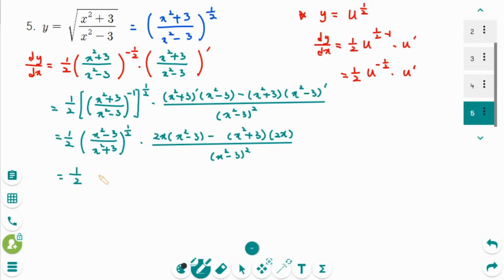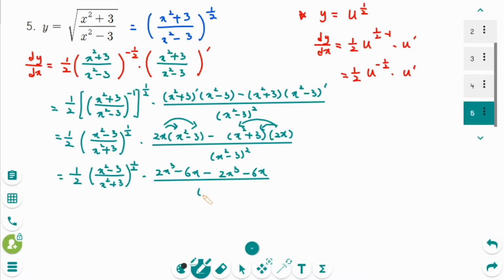Then keep the first one, ((x squared minus 3) over (x squared plus 3)) to the power of 1 over 2. Then expand: 2x cubed minus 6x minus 2x cubed minus 6x, over (x squared minus 3) squared.